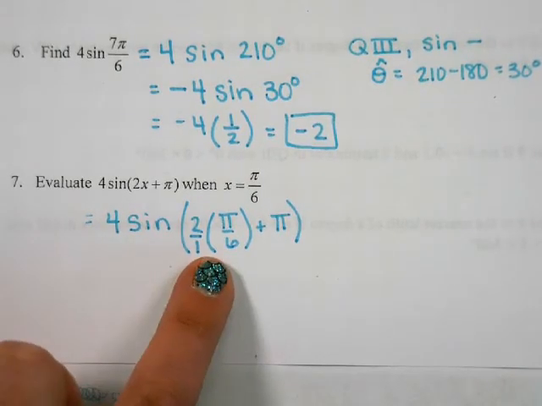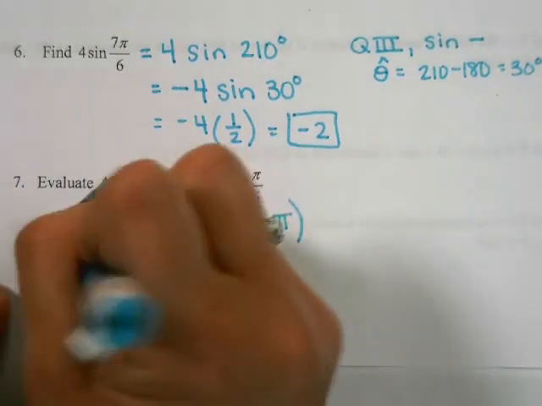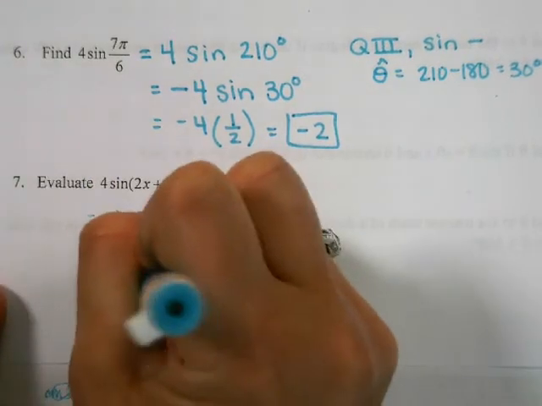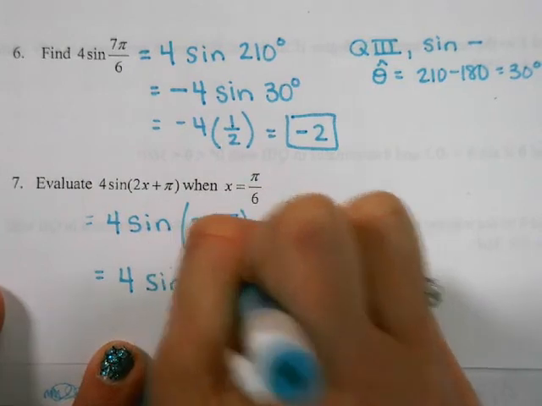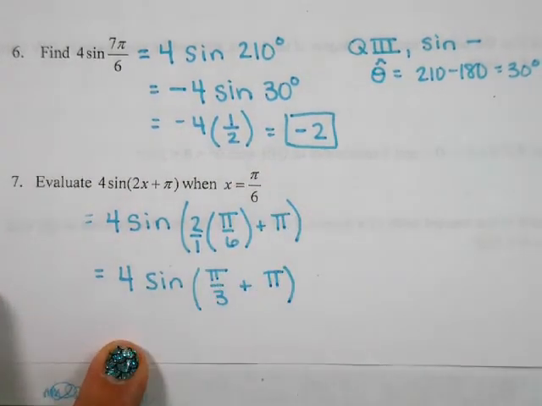How about this right here? What happens to this? 2 pi over 6, which reduces to pi over 3. Okay, so this is 4 times the sine of pi over 3 plus pi.